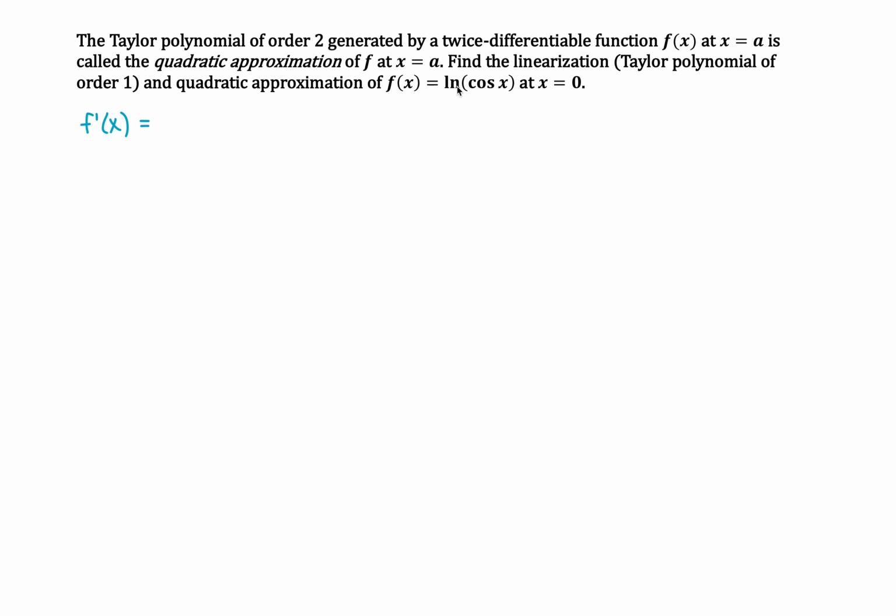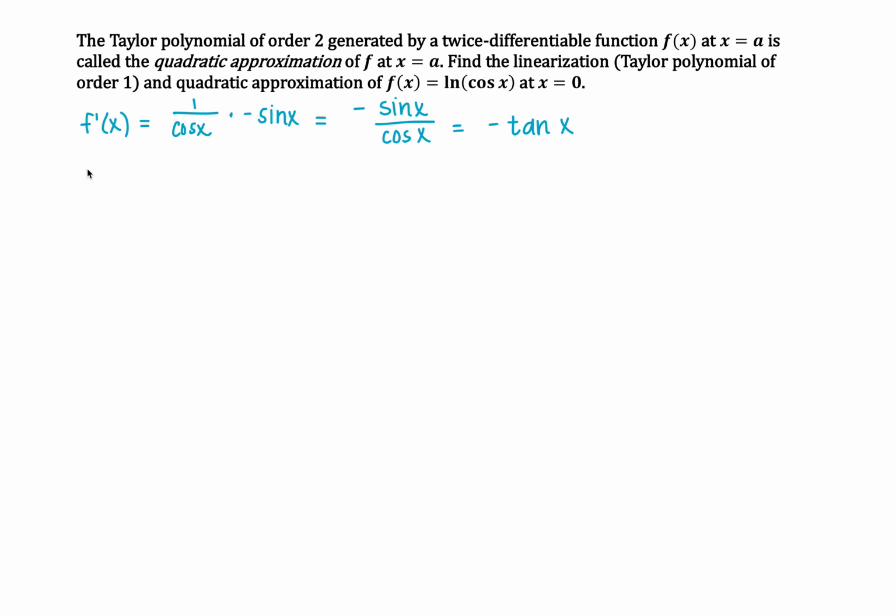When we take the derivative of a natural logarithm, we're going to have 1 over cosine x times the derivative of cosine x, which is negative sine x. So that's the same thing as negative sine x over cosine x, or negative tangent x. So that's our first derivative.